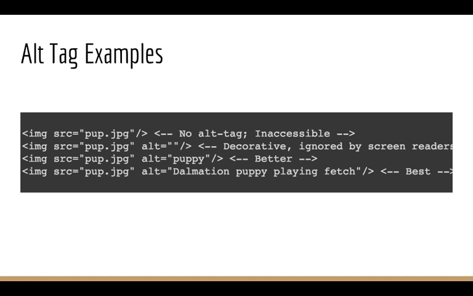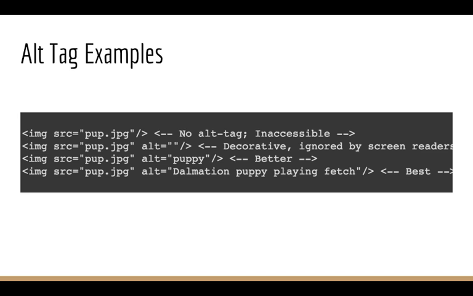So the first one has no alt tag. It's inaccessible completely because it's missing. The second one is ignored by the screen reader because it's decorative. So to somebody who's blind, it's not really serving them any purpose, but you still need to have it there so that the screen reader knows how to read it appropriately.